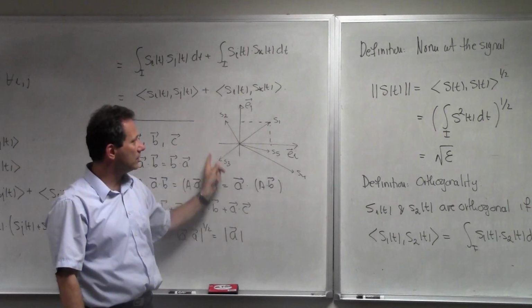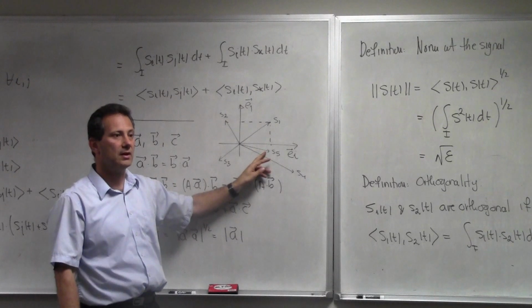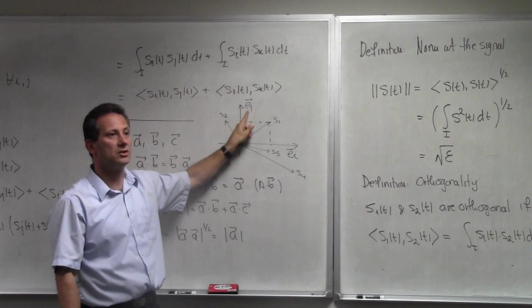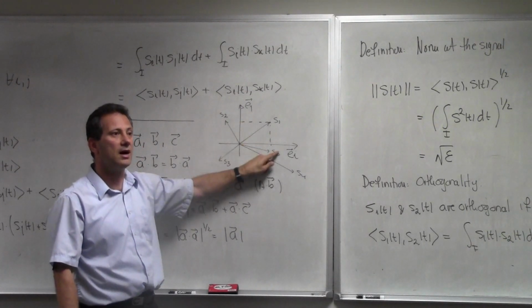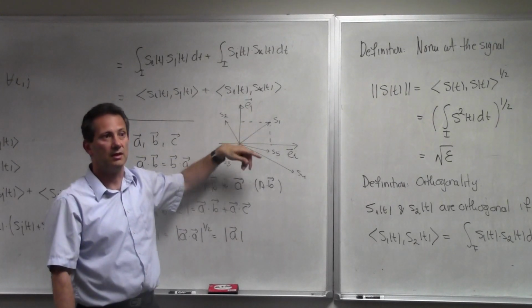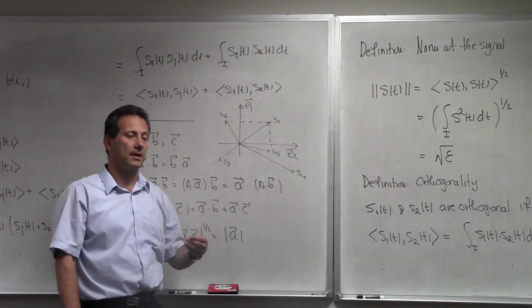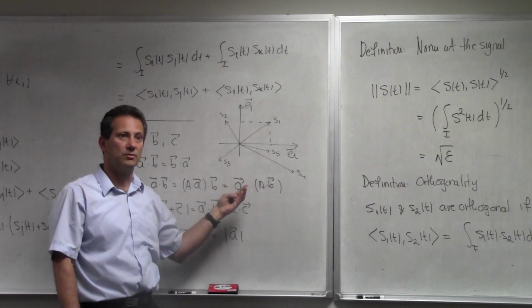Every vector out of this set, S1, S2, all the way to S5, can be expressed as a linear combination of EI and EJ.